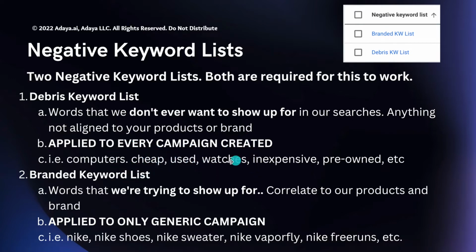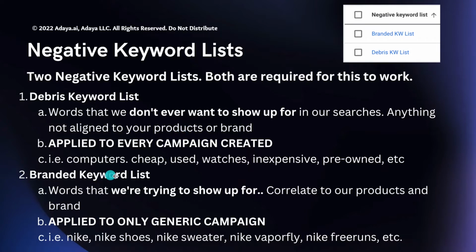We don't want watches to show up, inexpensive, anything that, like, none of these words have buying intent, right? And they're also not correlated to our brand, so we don't want to show up for them. So this is the debris keyword list, and this is going to be applied to both of the campaigns, the generic campaign and the branded campaign.